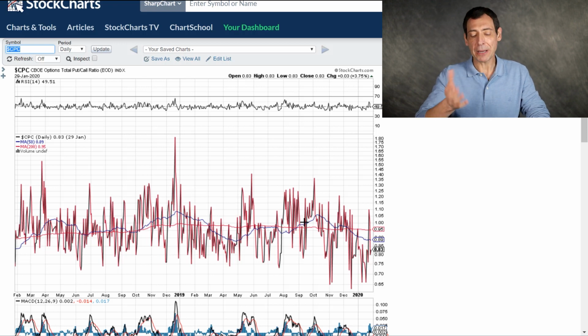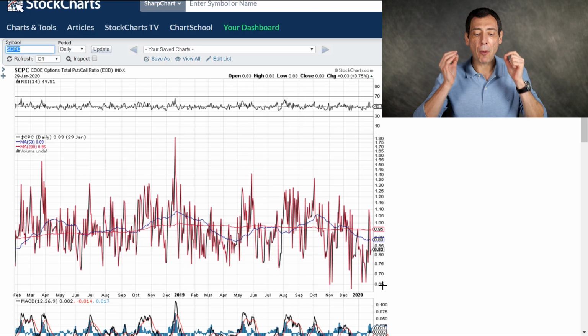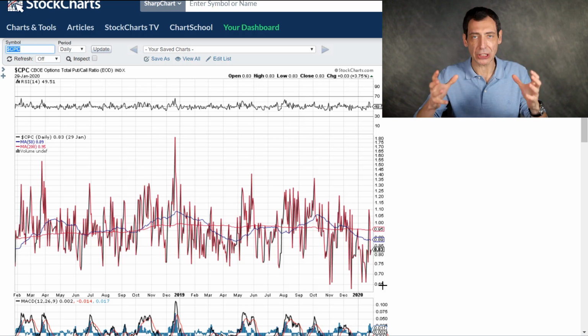So let me explain to you the meaning of it. If you see a put to call ratio at 0.65 or lower, that means the market is extremely bullish. Extremely bullish. And when the market gets really bullish, what happens? It flips. Just like here. End of December, notice the market became really bullish. It went back to neutral.